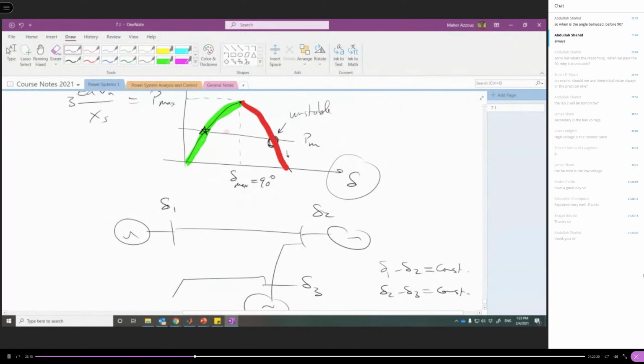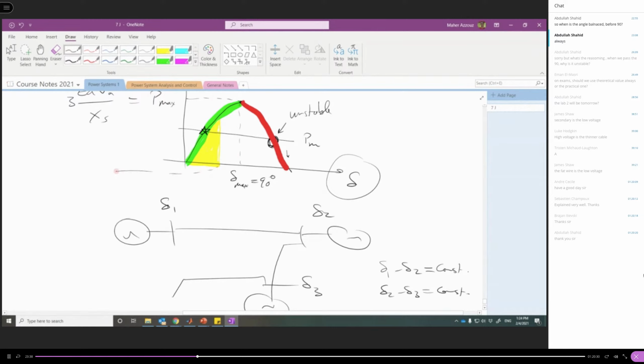And in practice, the maximum range for operation is between 30 and 40 degrees. We don't allow delta to exceed 45 degrees. So delta should be here because we have to keep a margin.